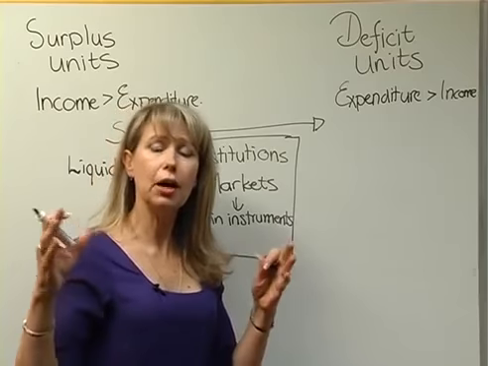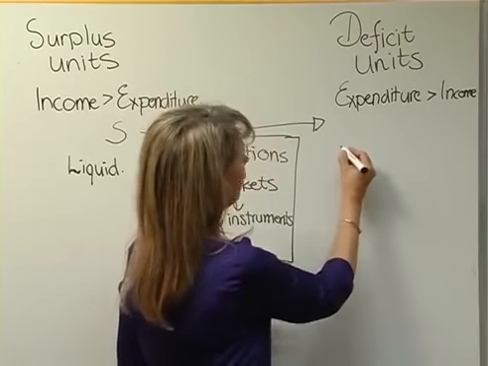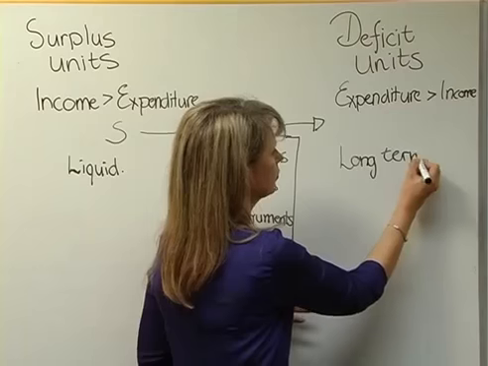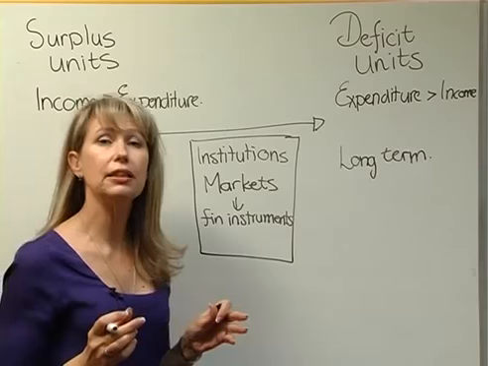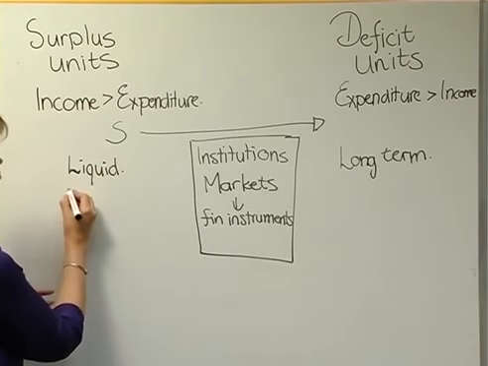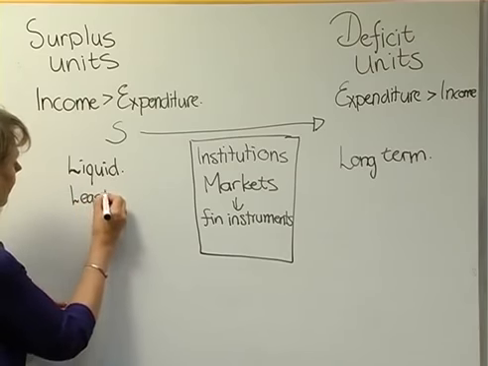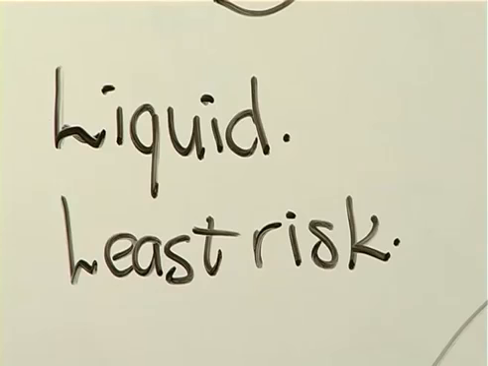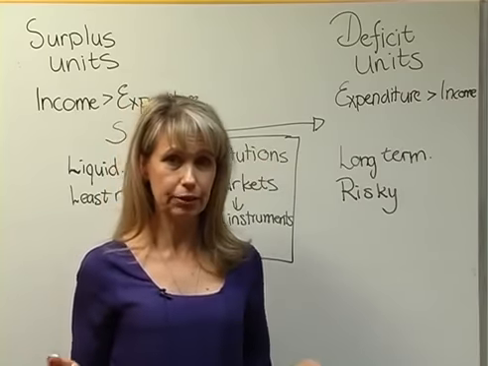It's going to be a long time before they gain income from it, so they want to have more long-term loans. Surplus units also want to put their funds where they know there will be very little risk involved, so they want the least risk possible, whereas deficit units will usually have to take risks. If you're a business person, you have to take risks.